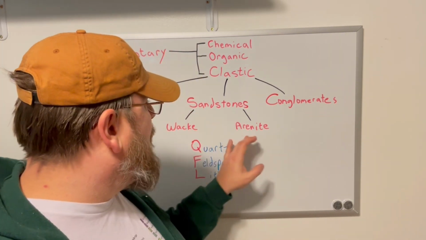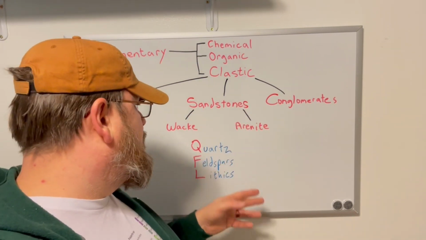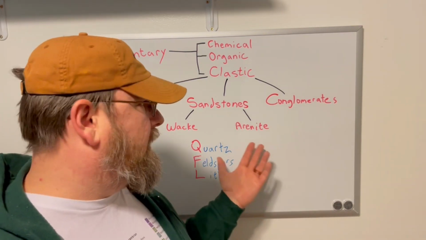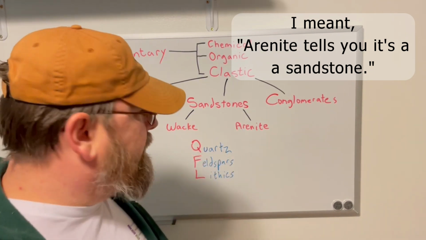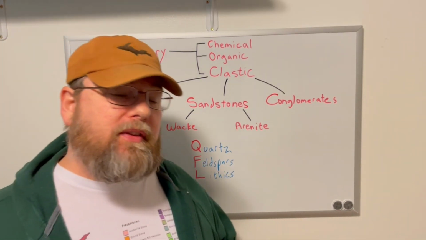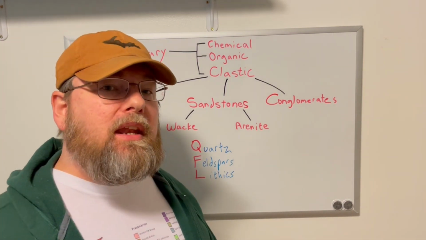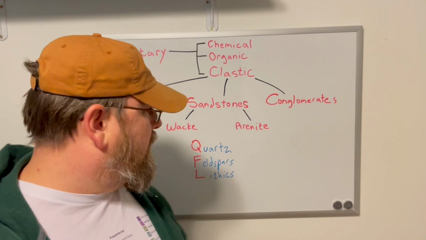And once you pick wacke or arenite, you can drop the sandstone. It's redundant. Saying quartz arenite sandstone doesn't mean anything because your arenite tells you that it's free of fines, especially on beaches. Now, beaches that are glacially derived, like along the shores of Lake Michigan, tend to have more of this in it and this in it, but we'll come back to those.